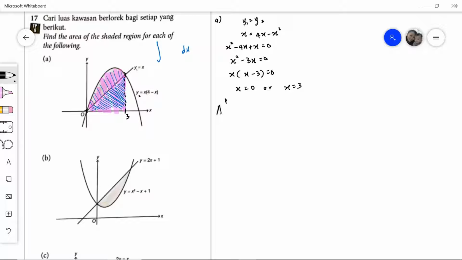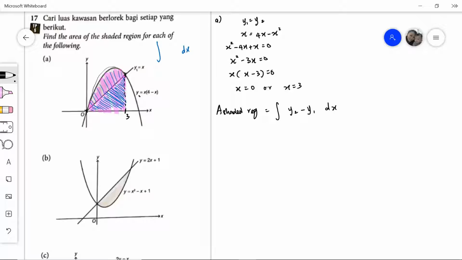Okay, the area of the shaded region will be equivalent to the integration of the curves. We shall take the upper function minus the lower function. Take the big one minus the small one. So we are taking y2 minus y1 with respect to x.